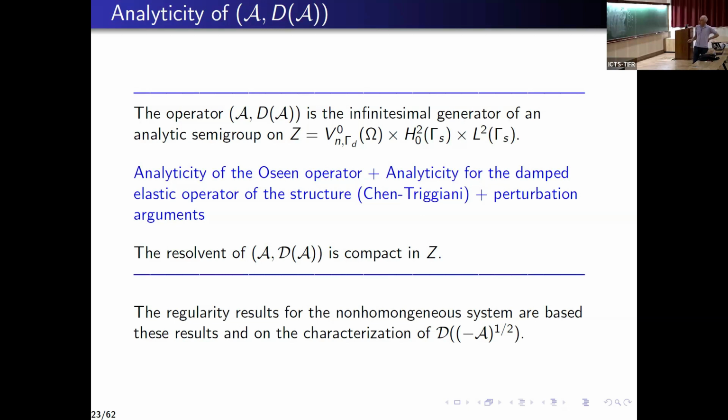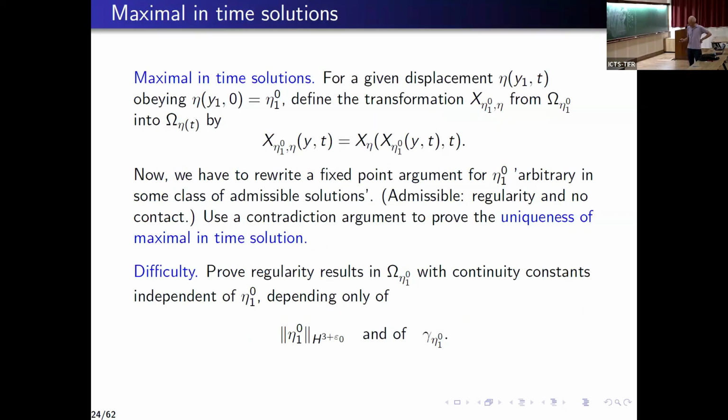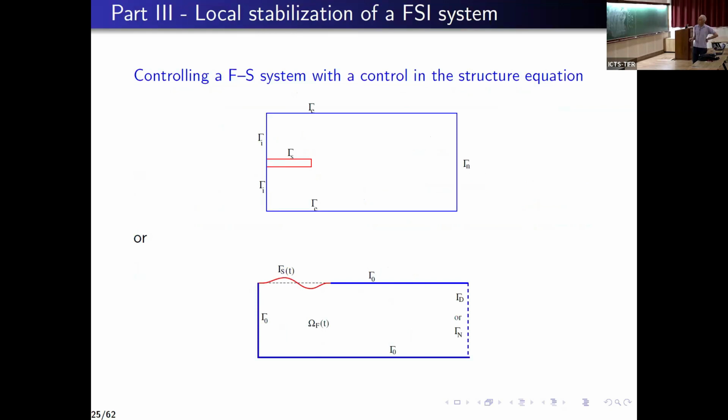But it works, and we can show additionally that the resolvent of A is compact. And so thanks to that, we obtain local existence in time. We can extend to maximal existence, but I think I have no time to do that.